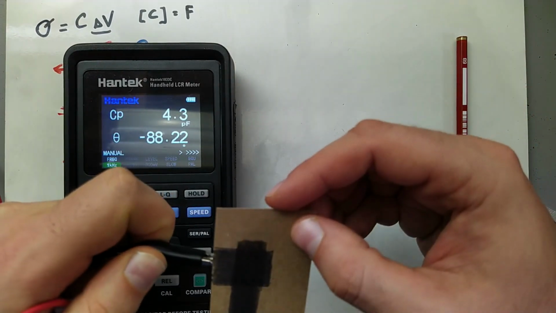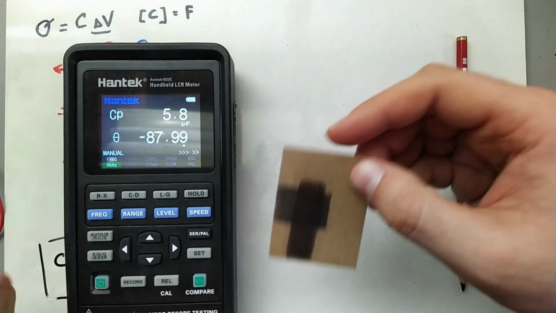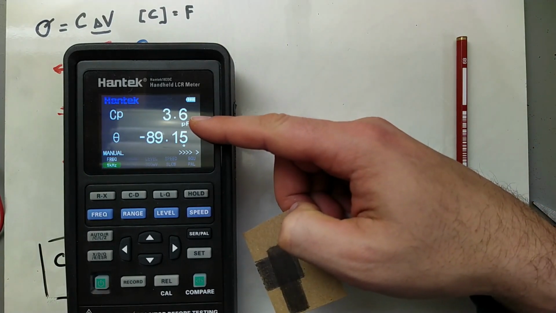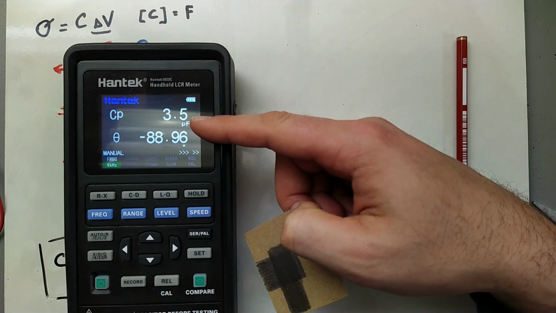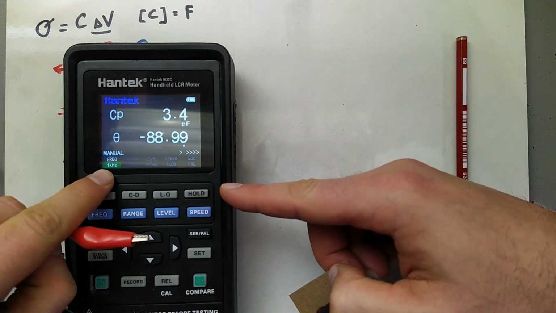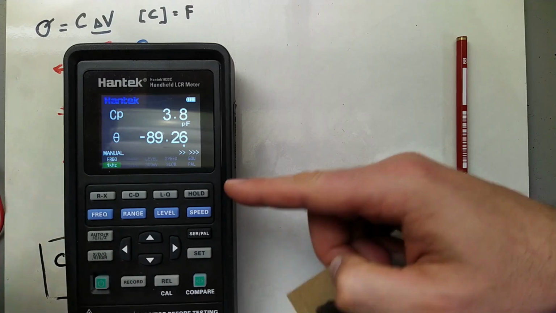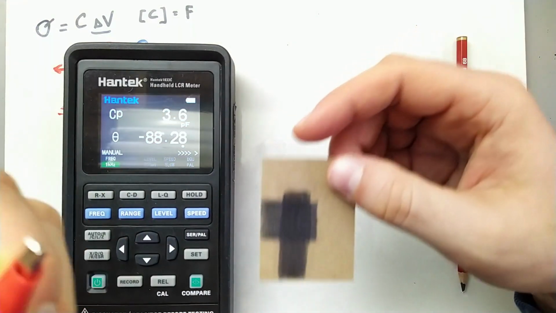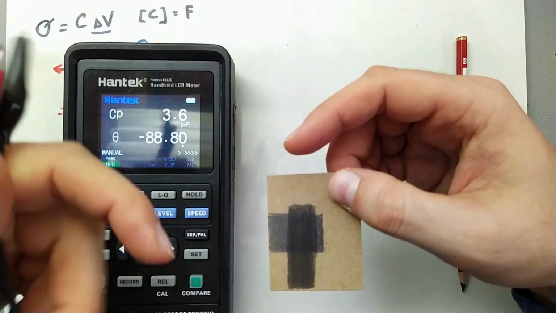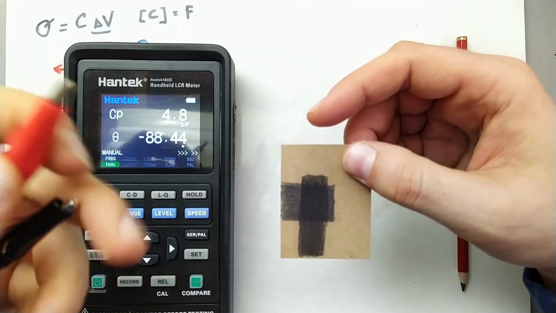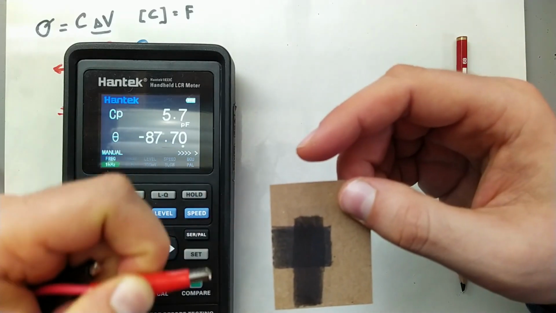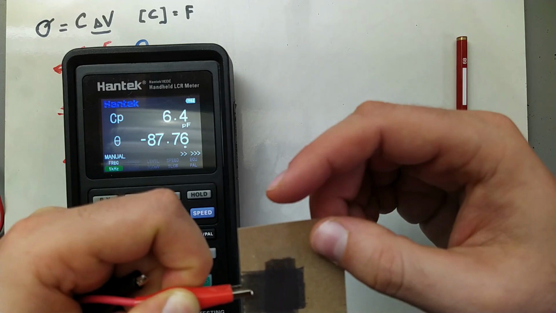We can contact the bottom electrode. So now you see it shows, at the level of noise, like 3.6 picofarad. This is 1 kilohertz frequency for the measurement. That's very important to specify the frequency at which any capacitance or other, like inductance, is measured.